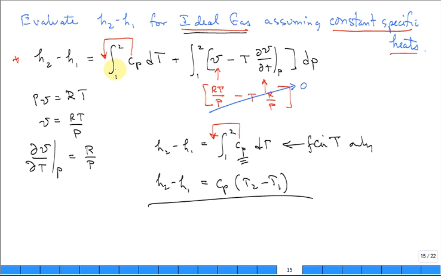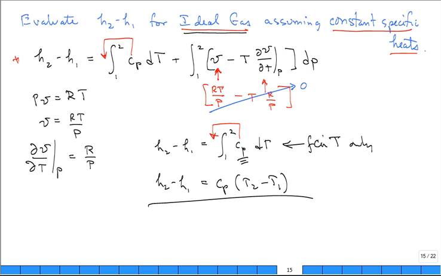Then you have the integration with respect to temperature. That's just the change in temperature. That's just C sub P (T2 minus T1). How about this term? V right here is equal to RT over P for an ideal gas. The change in V with respect to temperature, holding pressure constant, is R over P. You multiply that by T, you look at it, it goes to 0.